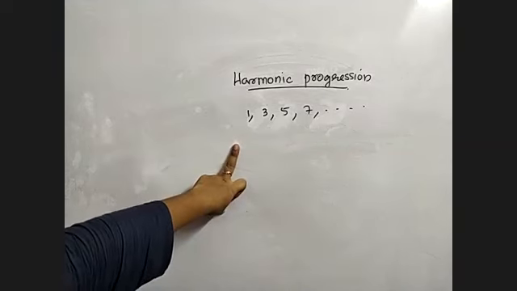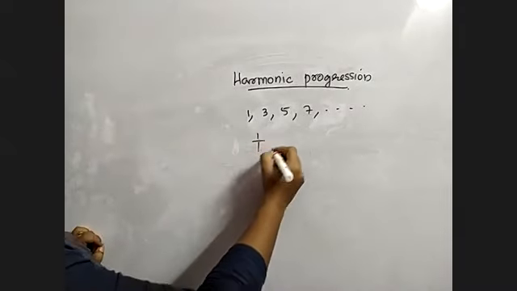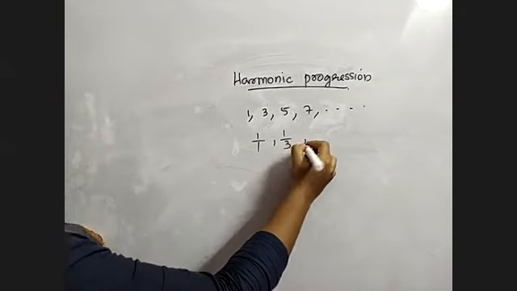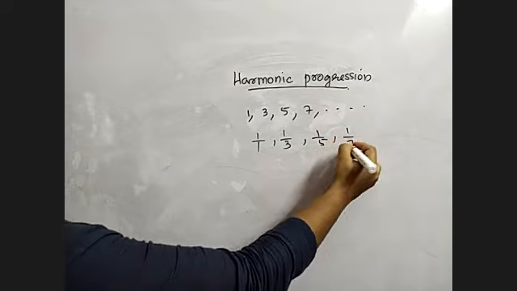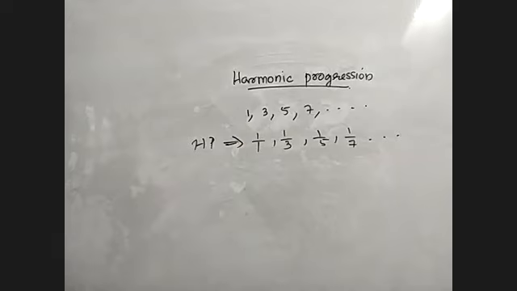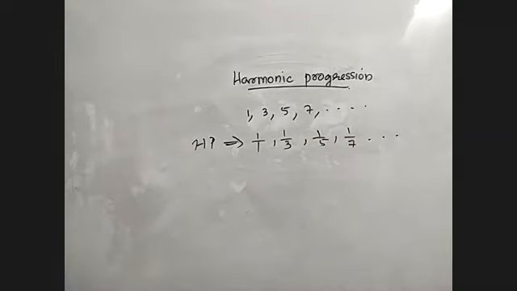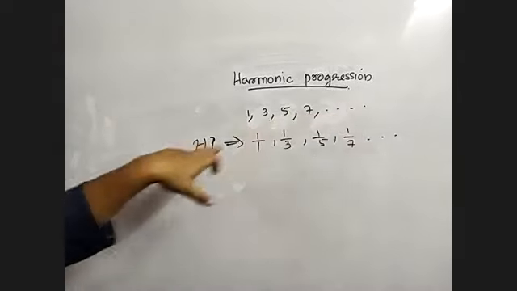Then its reciprocals, that is 1 by 1, 1 by 3, 1 by 5, 1 by 7, form an HP. Suppose these numbers are in AP, their reciprocals form the HP. Understood? This is the definition of an HP. Because these are in AP, this is in HP.